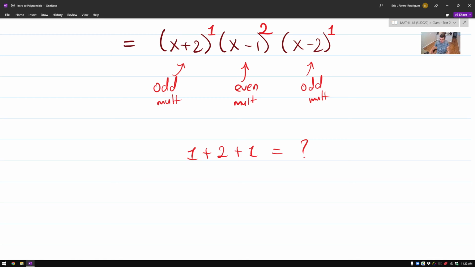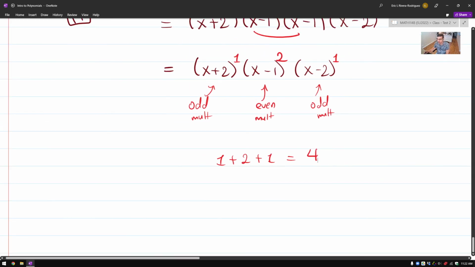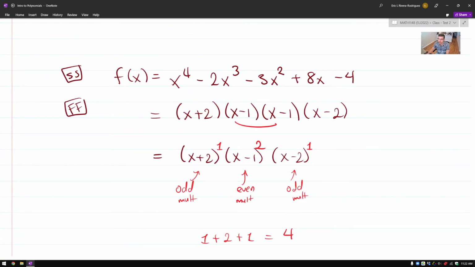It is 4. And this is important because the degree of our polynomial is also 4. Okay? All what we are seeing right now is connected.